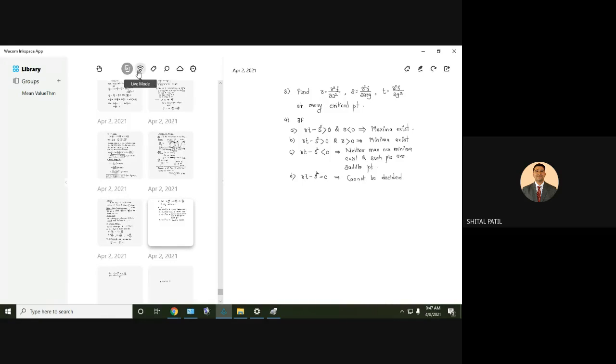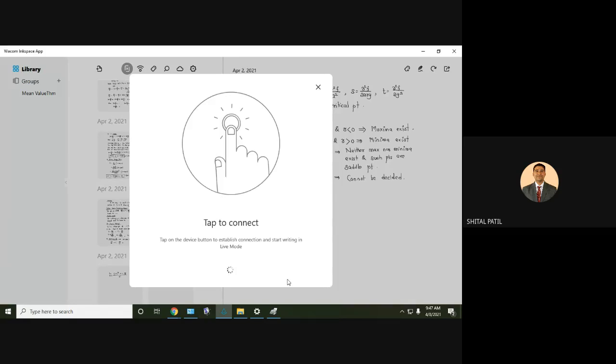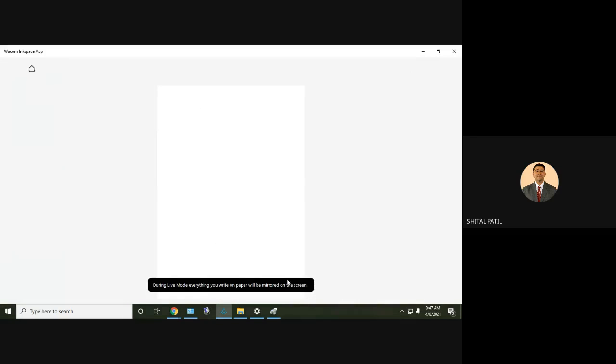So we'll go through examples on the general method. You can write examples on the general method.